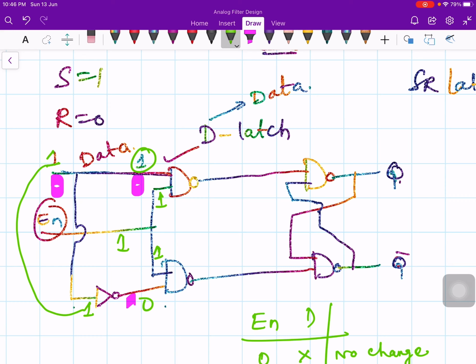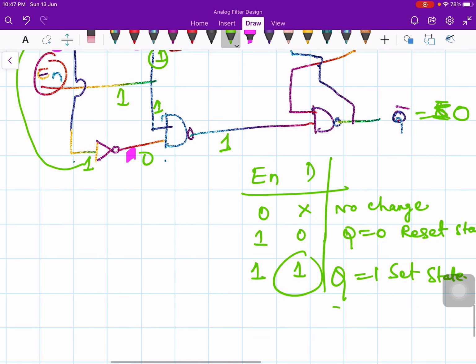Now, for a NAND gate, if any one input is 0, what is the output? The output is 1. And this is also 1, and this is also 1. This is 0, so if any one input is 0, the output becomes 1 here. If Q is 1, then Q bar is 0. Therefore this is called a set state. That is why Q becomes 1 here.